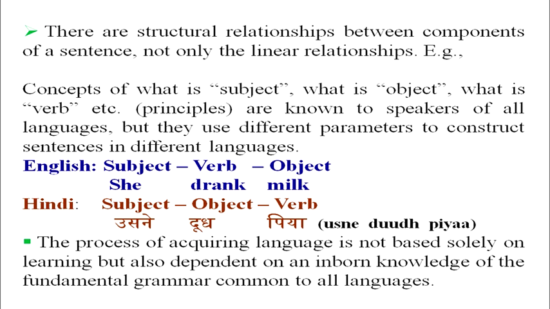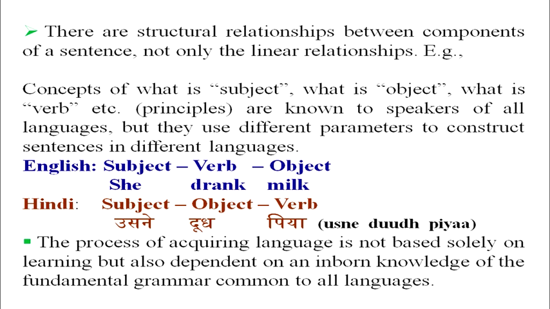So, subject comes first, then object and then the verb. For example, in Tamil, we will say the same sentence as aval pal kudittal. If it was some other language like Maithili, then O doodh pilak. O is he or she, doodh is milk and pilak is drank.